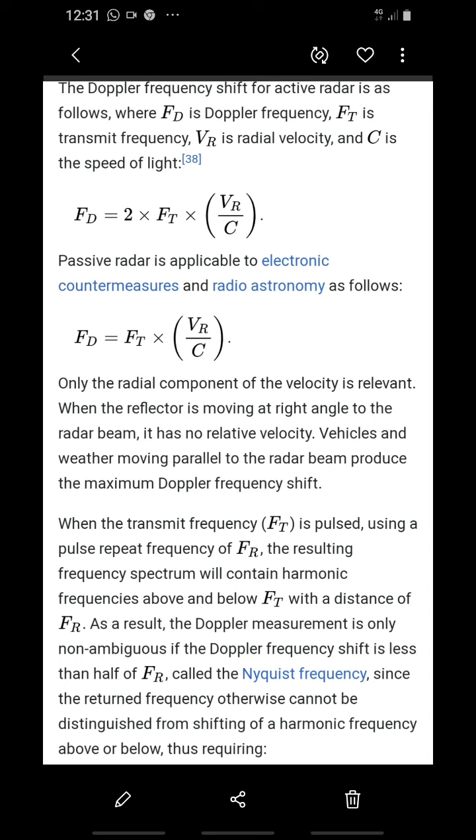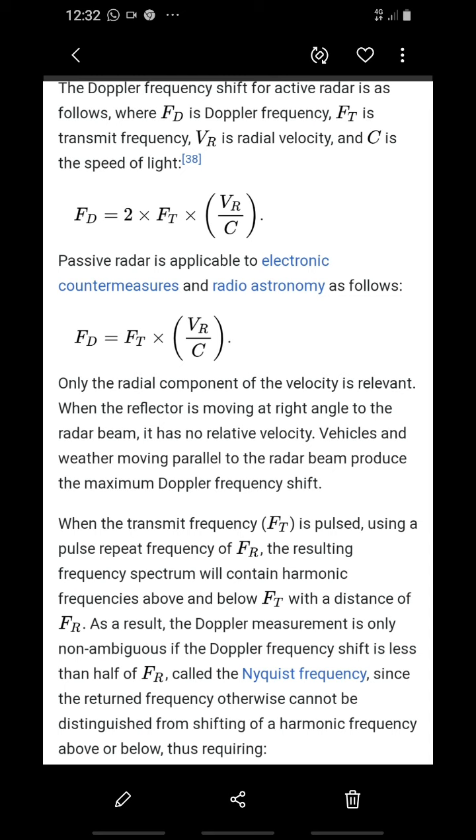As a result, the Doppler measurement is only non-ambiguous if the Doppler frequency shift is less than half of FR, called the Nyquist frequency.